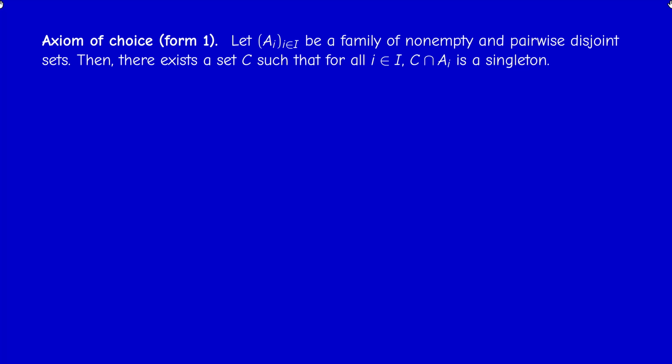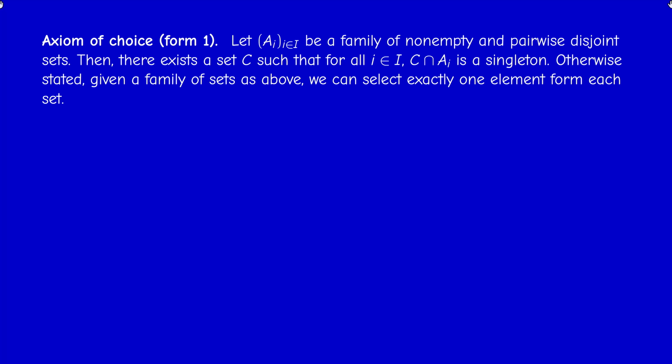Okay, so now for most of you this seems trivial, and this is why you call it an axiom. Now, why do we make a big deal about this axiom? Because it has some unexpected consequences, as we shall see now. So it's very simple to state. We have a pairwise disjoint collection of sets, and we select exactly one element from each set.